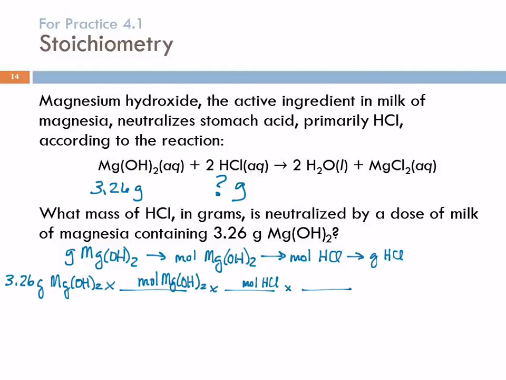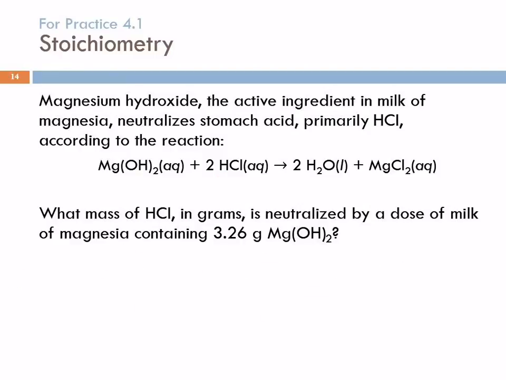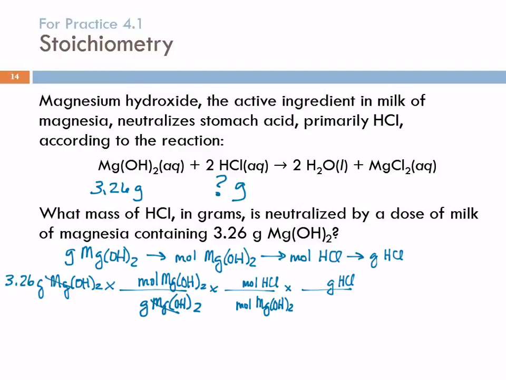And then I'm going to grams of HCl. Down here I've got grams of magnesium hydroxide to cancel there. Moles of magnesium hydroxide to cancel here. Oops. And moles of HCl.